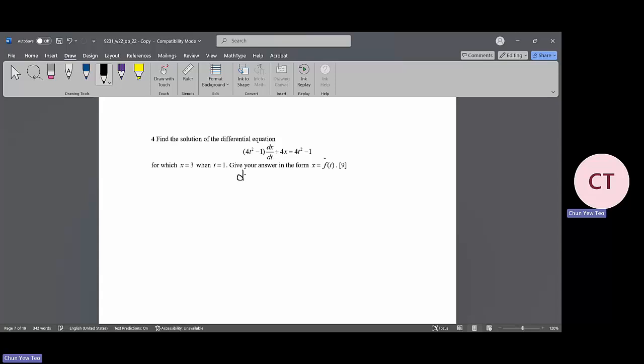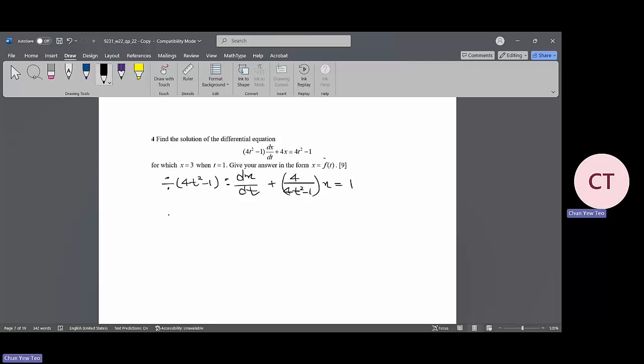So first of all, I need to divide everything by 4t squared minus 1. So you get this. 4t squared minus 1 divided by 4t squared minus 1 is a 1.